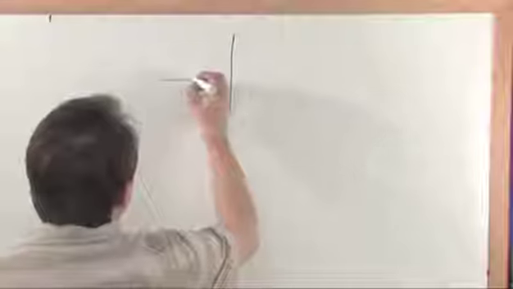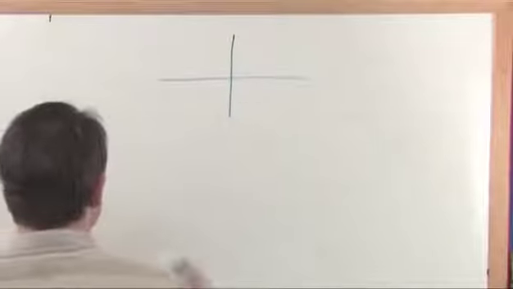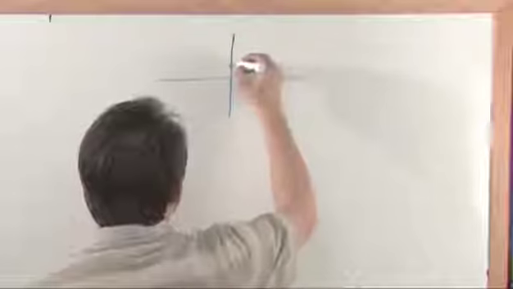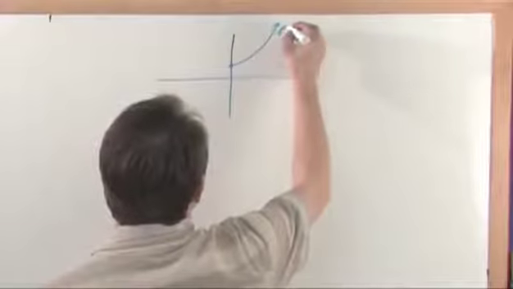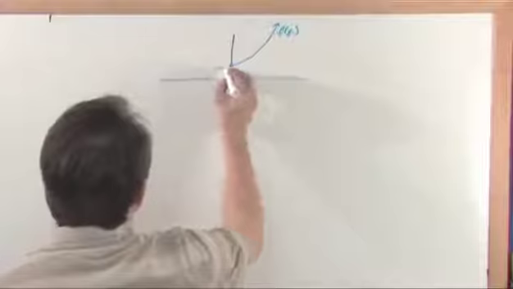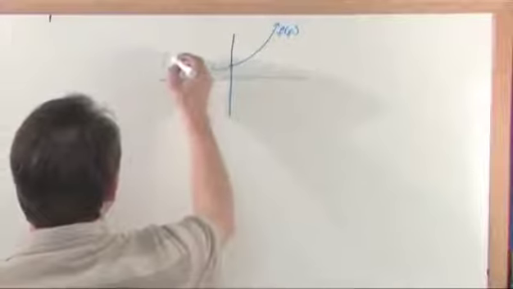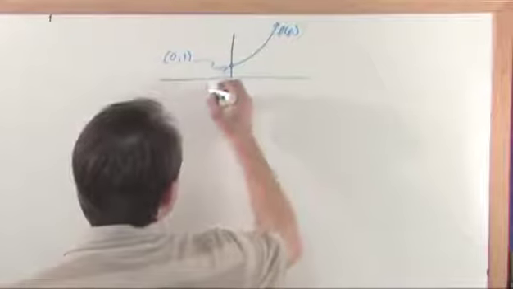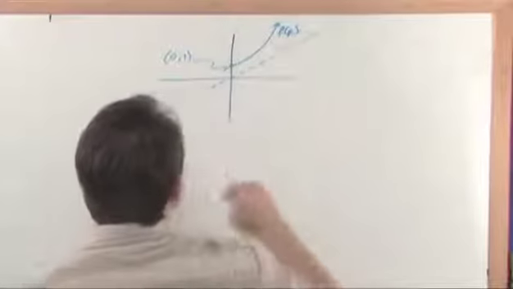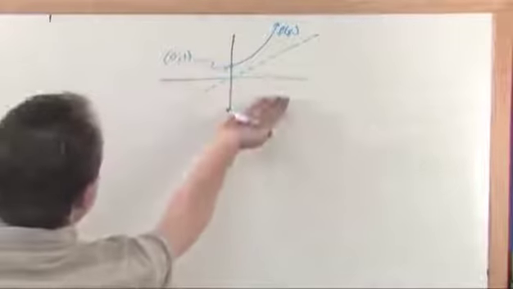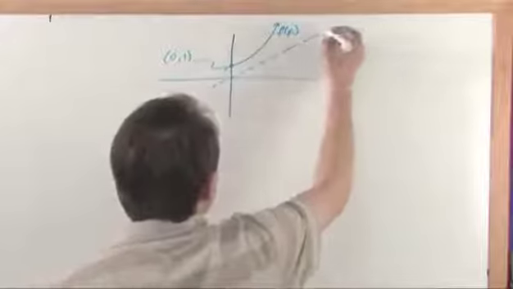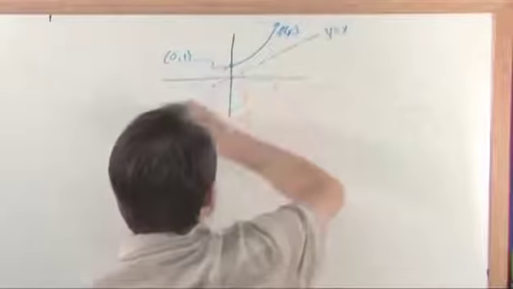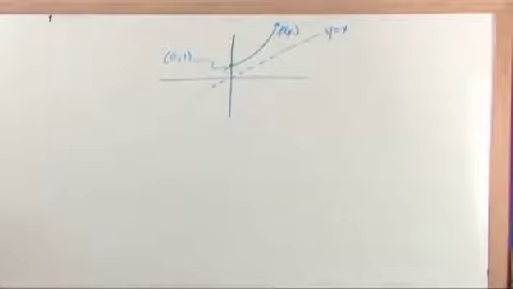Okay, well, let me go ahead and draw a graph here. Let's say this is the function f of x, okay? And let's say this point right here is 0, 1, okay? The inverse function, by definition, is simply the mirror image of f of x over the line y is equal to x, which is just basically the line that goes 45 degrees through the xy plane.